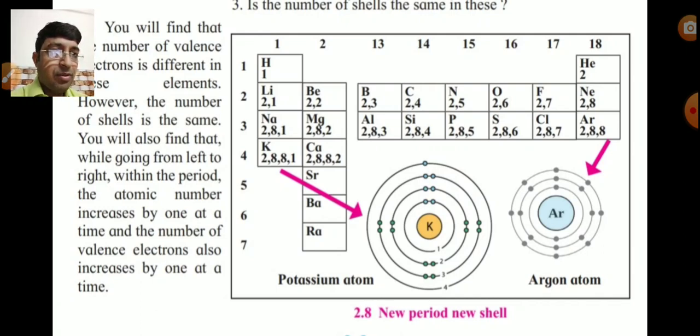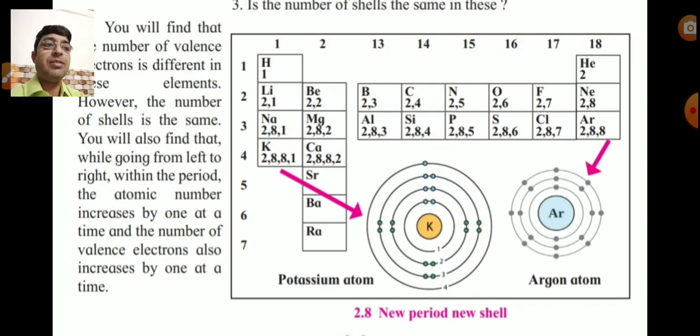The second period starts from lithium, atomic number is 3, so 2 electrons are filled in the first shell and 1 electron is in the second shell. So subsequently check there, beryllium electronic configuration 2,2 up to neon 2,8. Here 8 electrons are present in the outermost shell, so the octet is complete.